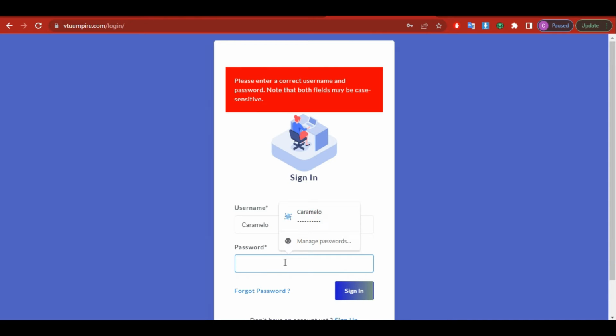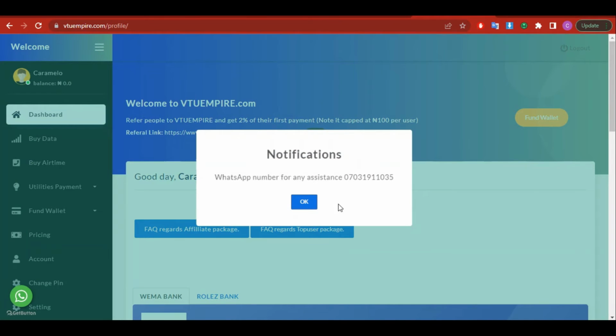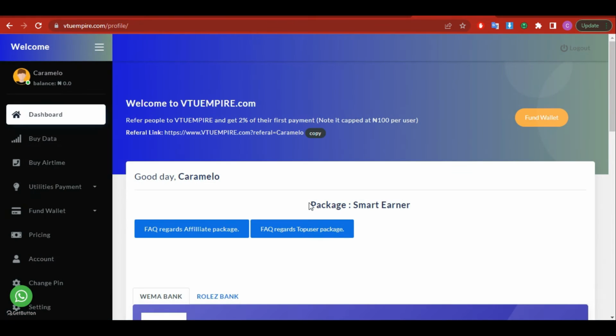So it's authenticating. All right, so you sign in. Enter your correct details. So you sign in, and after signing in, you can see how your dashboard looks like.